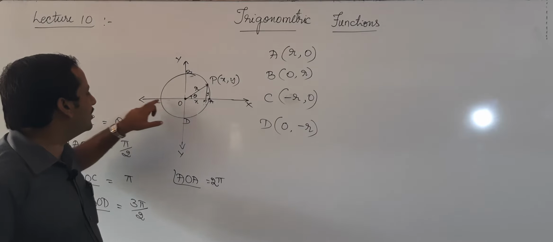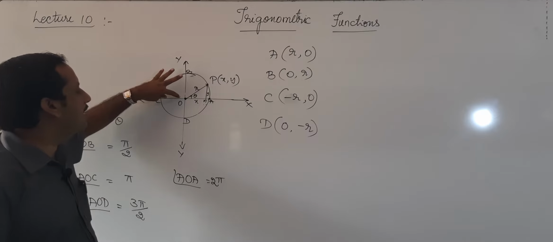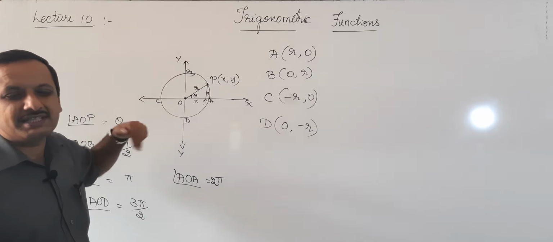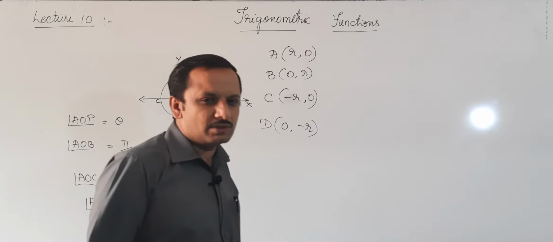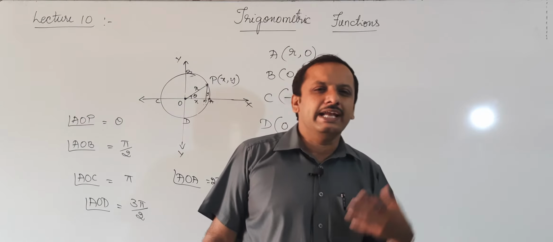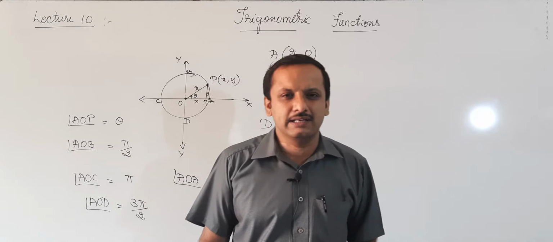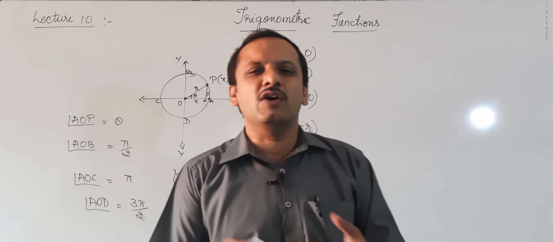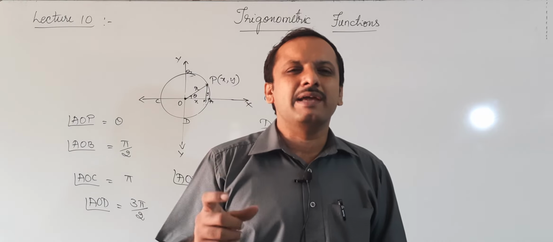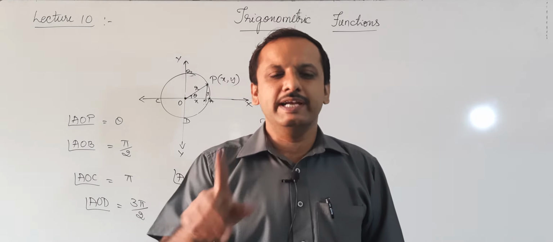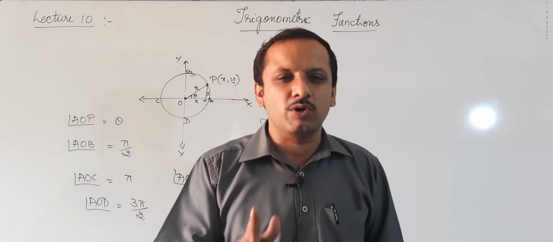And this line OC is on the boundary of the second quadrant and third quadrant. So such angles are quadrant angles. The actual definition is that an integral multiple of pi by 2 is called a quadrant angle. That is, if I multiply pi by 2 with an integer, say pi by 2 into 1 gives pi by 2, that is a quadrant angle.